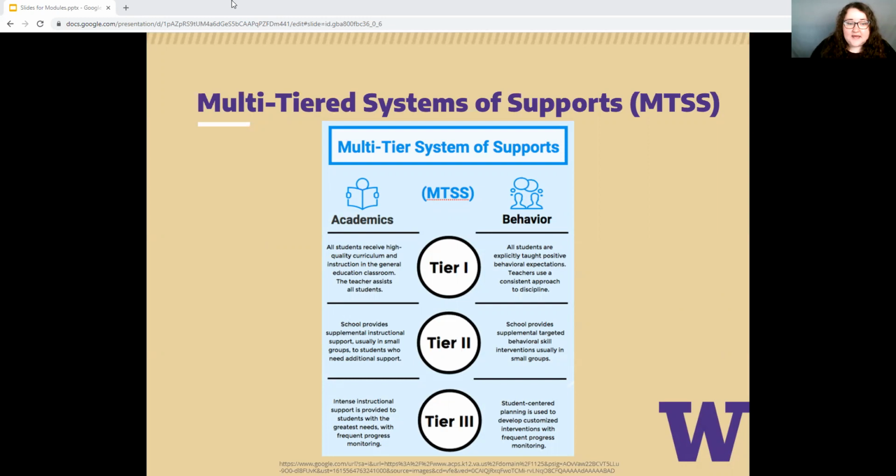Within the realm of behavior, MTSS includes positive behavior supports at Tier 1, group skill interventions such as social skill groups at Tier 2, and customized interventions at Tier 3.